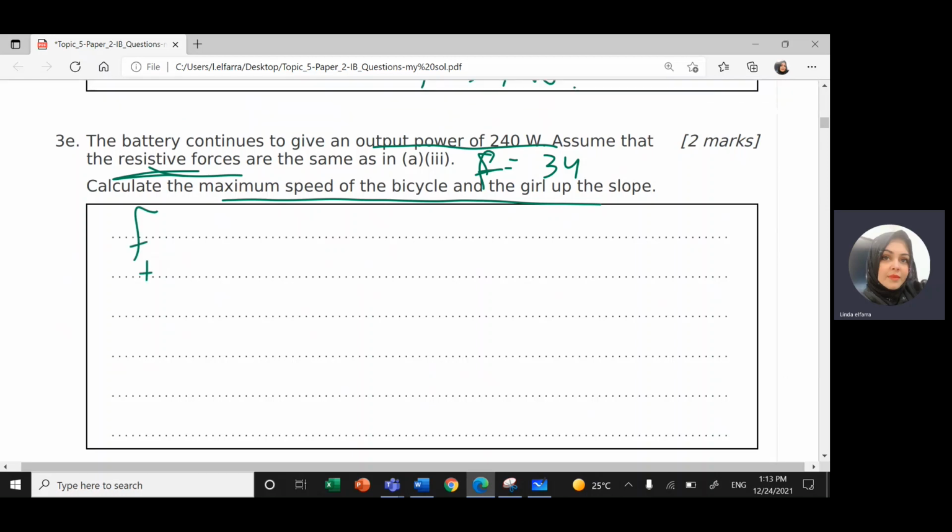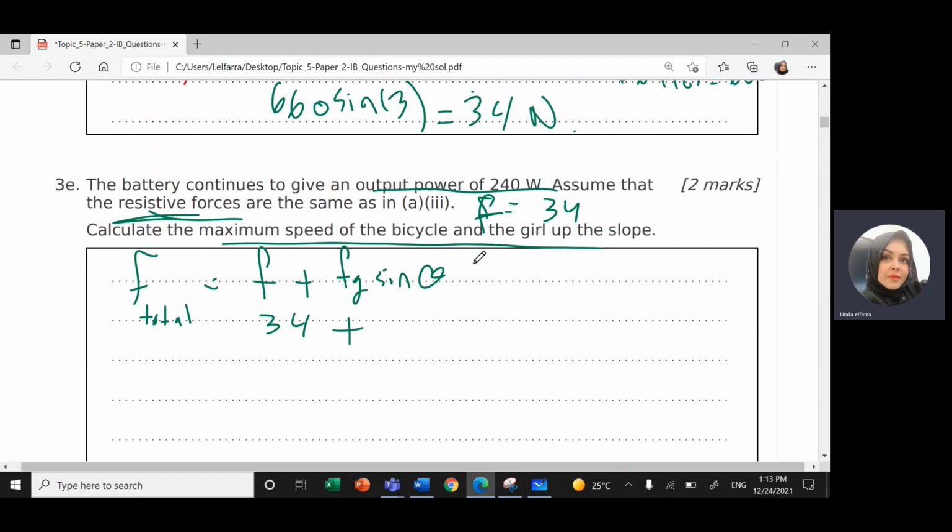So F total will be the friction force plus Fg sine the angle theta. Friction force is 34 plus Fg sine theta, we just calculated as well, it was 34. So this will give us 68 Newton.